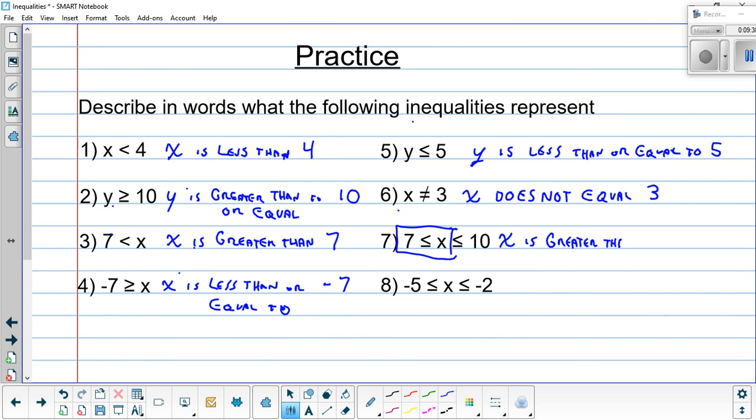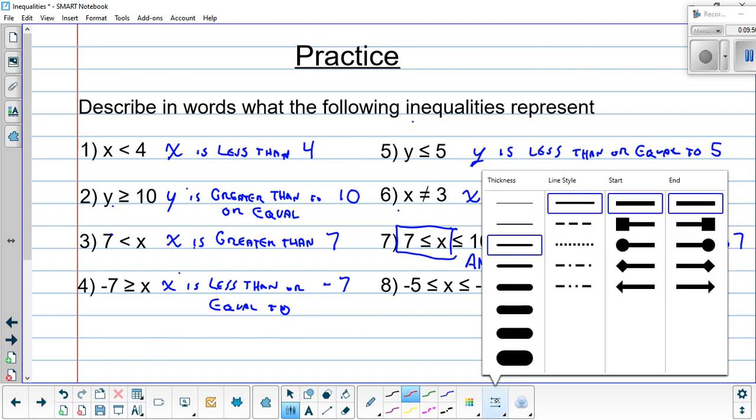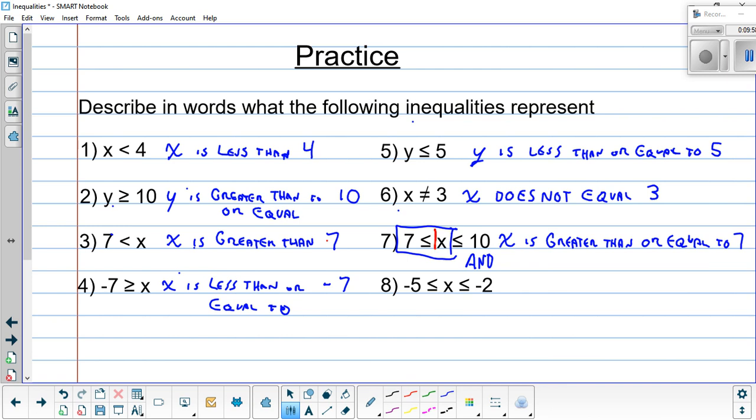or equal to 7, right? So we're done that first part. And I'm going to do this in a different color. So now we want to look at the part in red here, right?